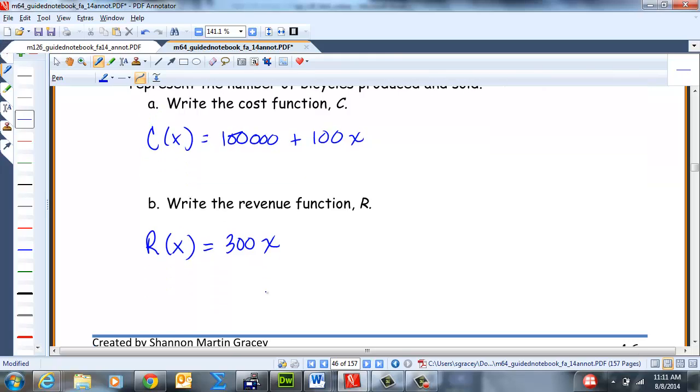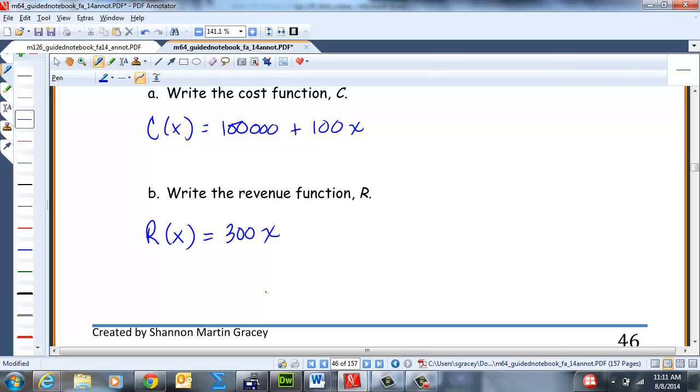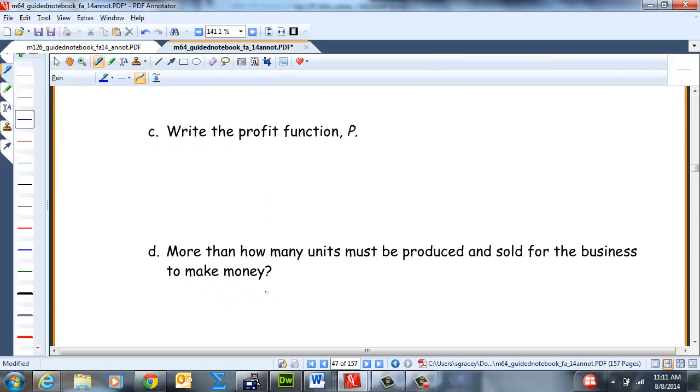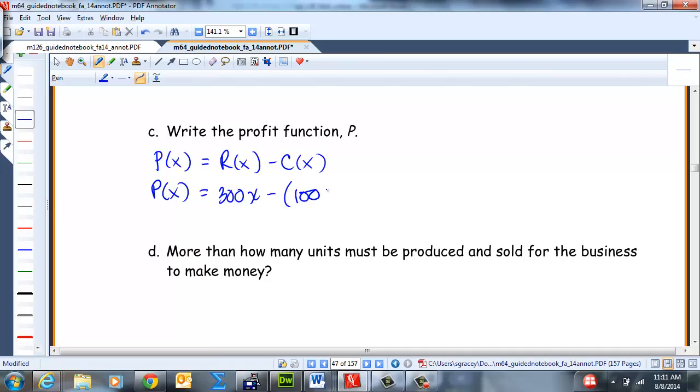Now, if I take a look at the difference between the revenue and the cost, I'll get the profit function. So the profit function is P at X equals revenue in X minus cost in X. So the profit function is the revenue, which was 300 times X, minus the cost, which is the quantity, 100,000, the fixed cost, plus $100 per bike produced.